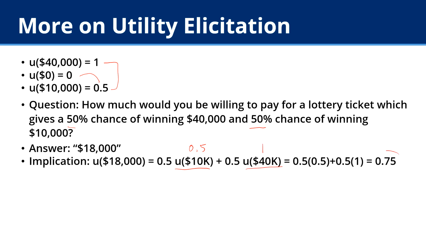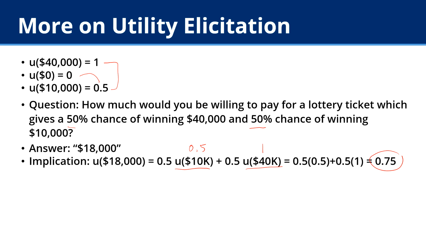So the utility for $18,000 is 0.75 for this decision maker. Now you can tell we can pick values between $18,000 and $40,000 if you want to keep going, to get values in between 0.75 and 1. We could keep going.